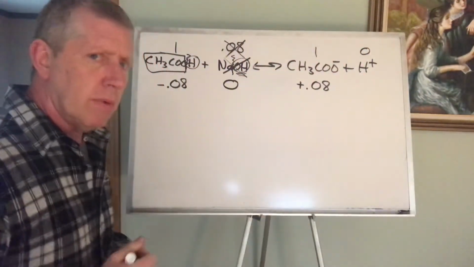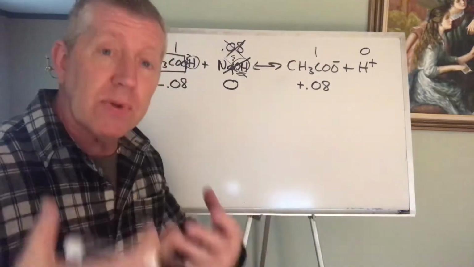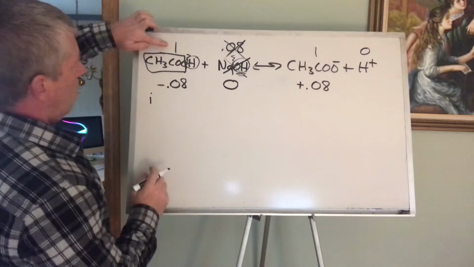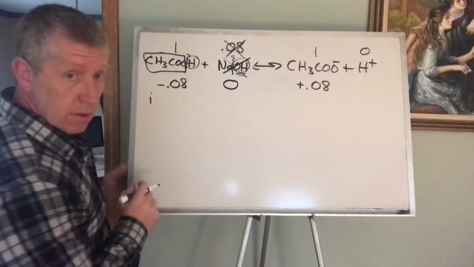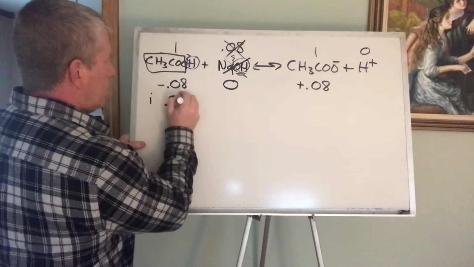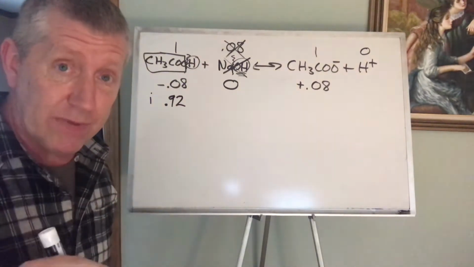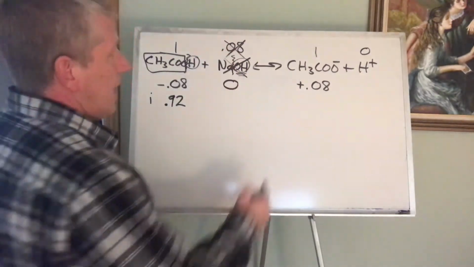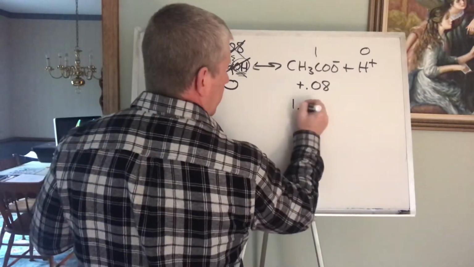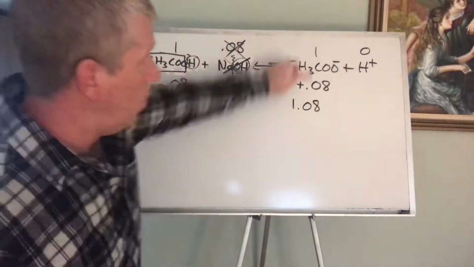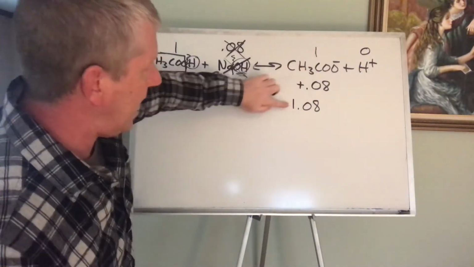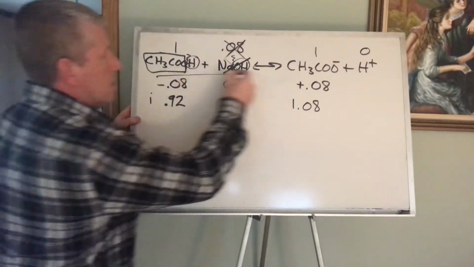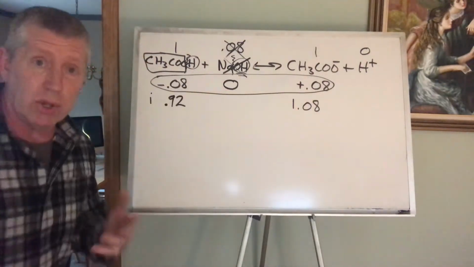When we reestablish our equilibrium, here's what we're going to have to start that off. We now have initially 1 minus 0.08 or 0.92 of the acetic acid left because we lost some of it to neutralize that base. Now we've gained some acetate. We have 1, and now we have 0.08 added, so 1.08. Notice this level here is not the initial in my ICE chart.